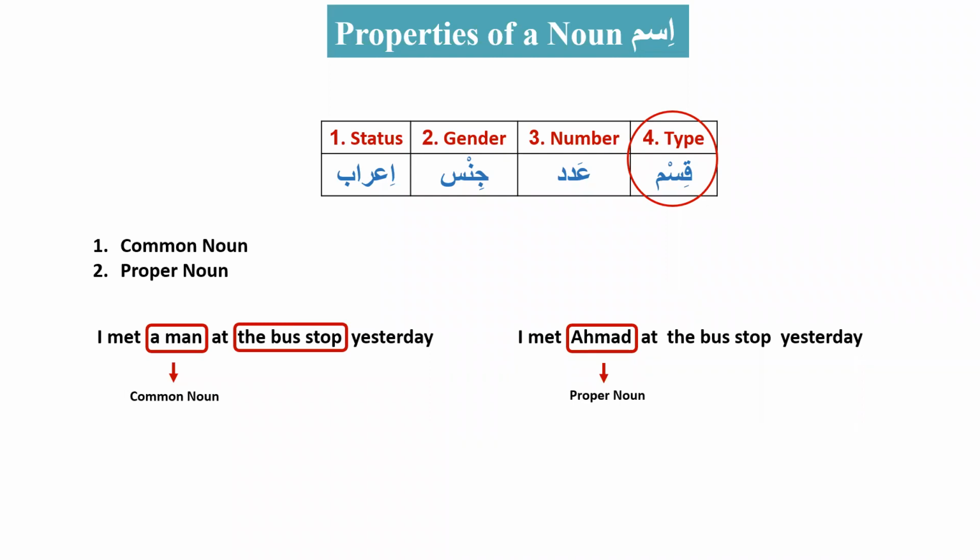Yes, it's a common noun. It's a specific bus stop. Okay, Ayan, stay with me. I say I met a man at a bus stop yesterday. Instead of the bus stop, I say a bus stop. Is it still common? What is the difference?